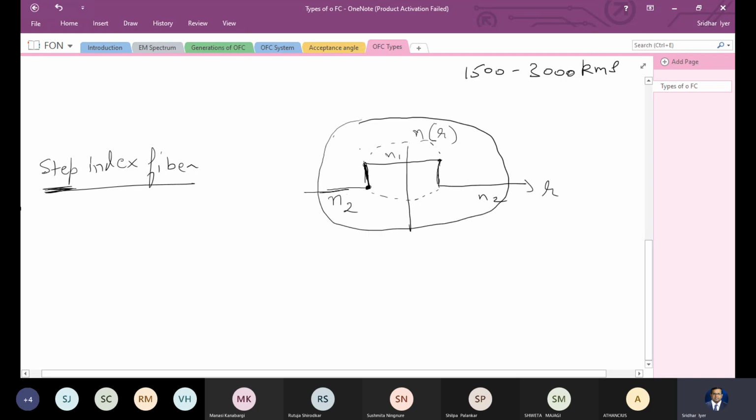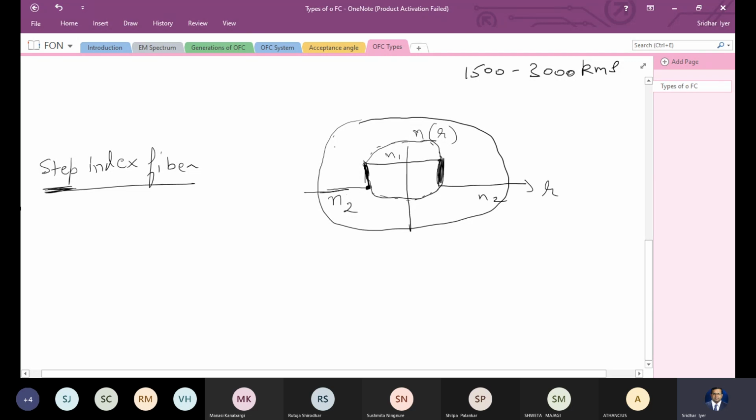So in the cladding we have N2, whereas in the core we have N1. So let me redraw this like this. Right. So whenever there is a change from cladding to the core, you can see that there is a step increase in the refractive index. So that's why it is known as a step index fiber.